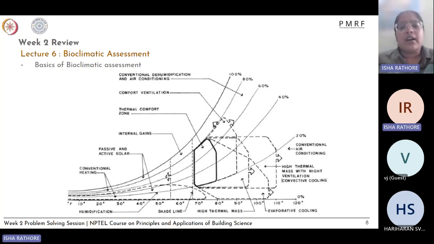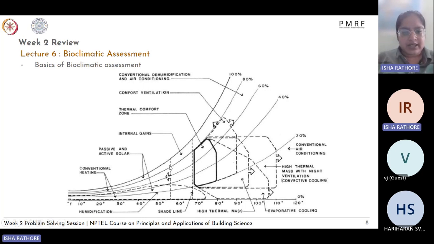So you don't need to implement any passive or active design strategy to achieve occupant thermal comfort. They are comfortable by itself, but a lot of the hours do not fall under this comfortable zone. So we need to implement passive strategies to increase the thermal comfort of the occupant throughout the year.